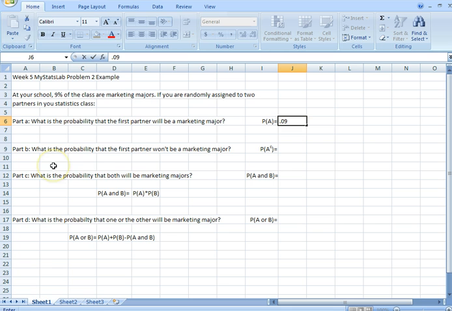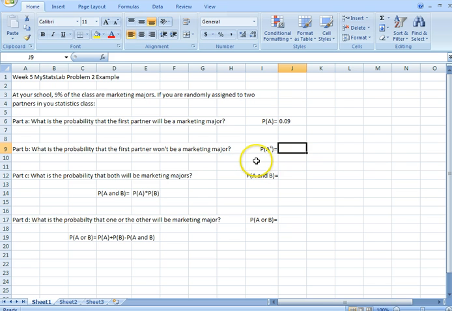Part B asks us, what is the probability that the first partner won't be a marketing major? And we're going to let P of A to the C be this first partner not being a marketing major. Well, again, it stands to reason that if there's a 9% chance that this person will be a marketing major, then the opposite of that will be the probability that it won't be a marketing major.